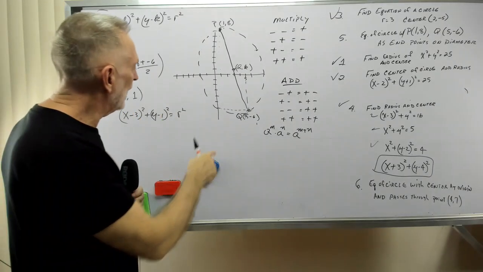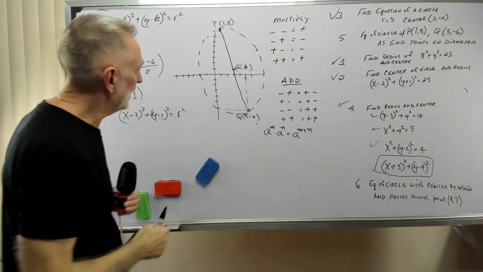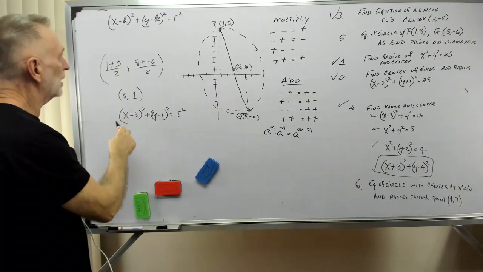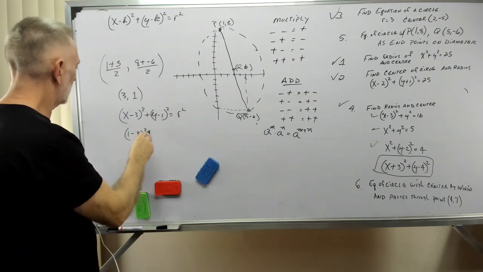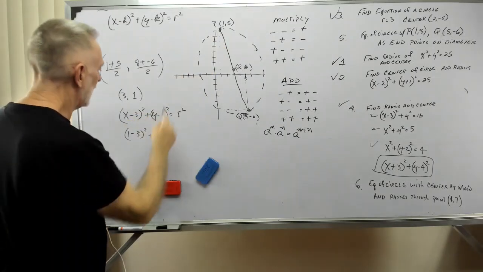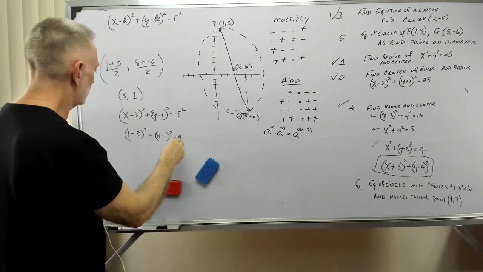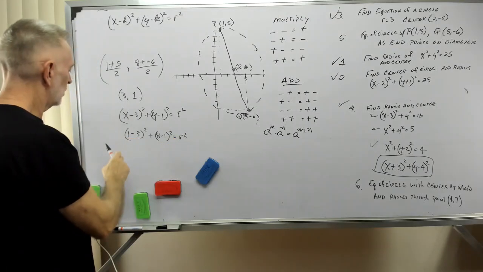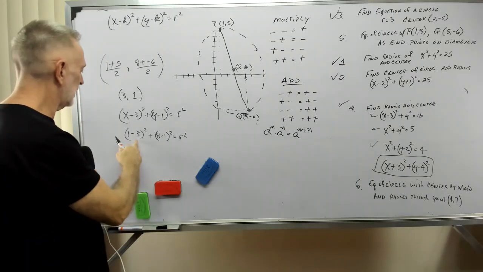Well, I have some points here. Let's do this 1, 8. So x is 1. (1 minus 3) squared plus (8 minus 1) squared equals r squared. So 1 minus 3 is negative 2.